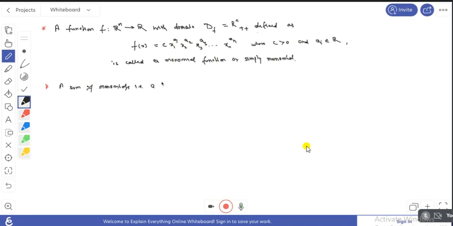You can write a function of the form f(x) = summation over k equals 1 to K of ck x1^a1k x2^a2k x3^a3k up to xn^ank. So there are K terms.